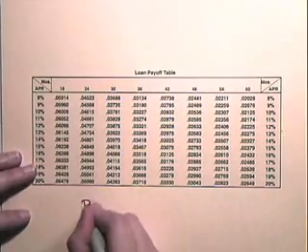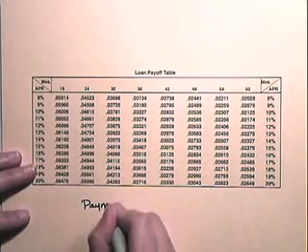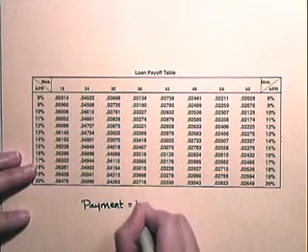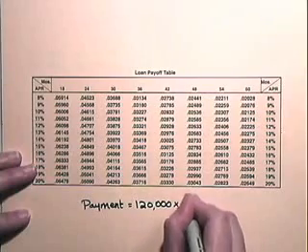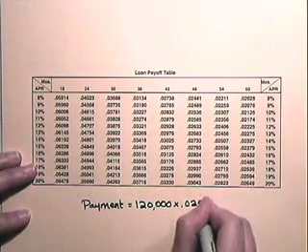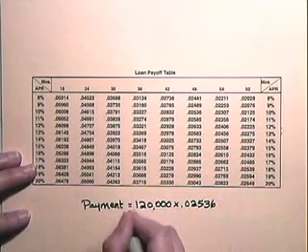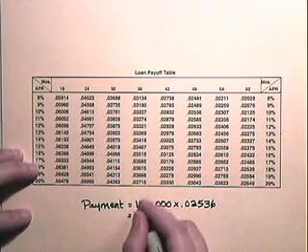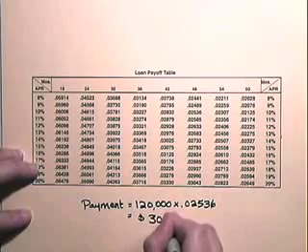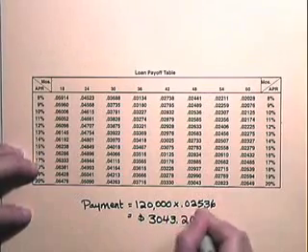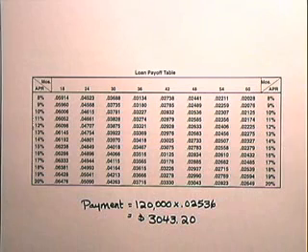So her payment will be $120,000 times 0.02536, which gives us a payment of $3,043.20. So our payment will be $3,043.20. We will use this payment and prepare an amortization schedule.